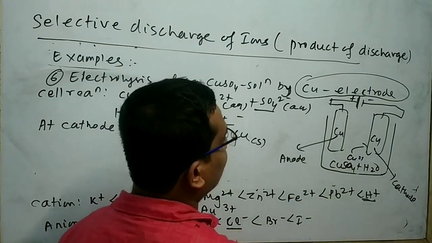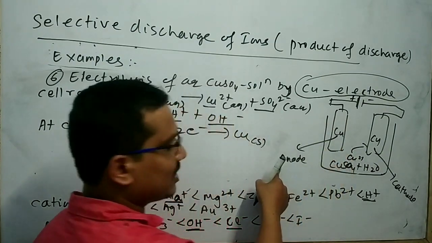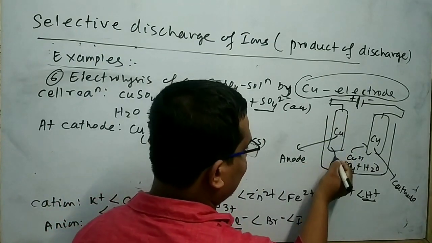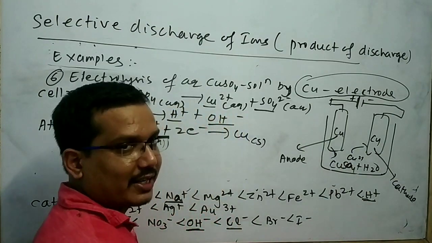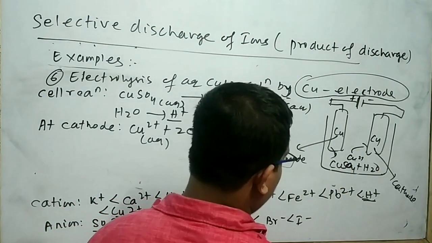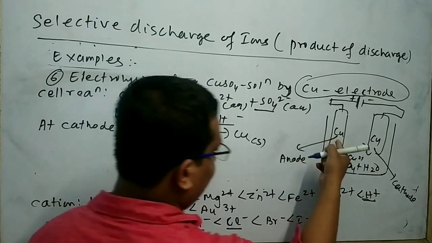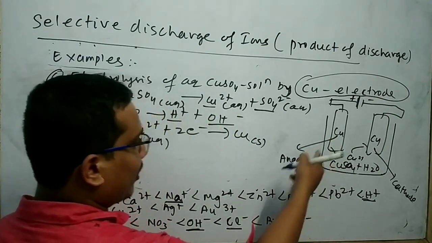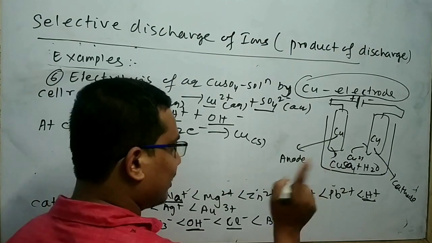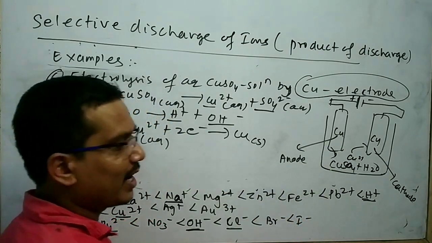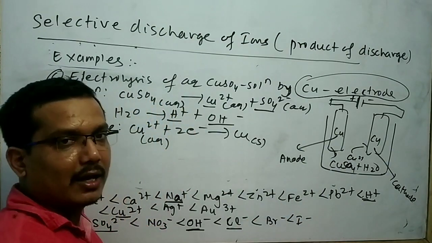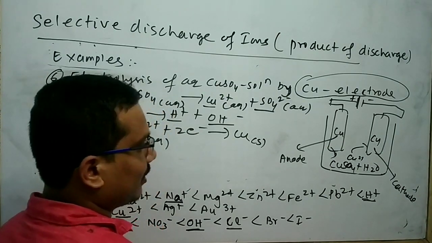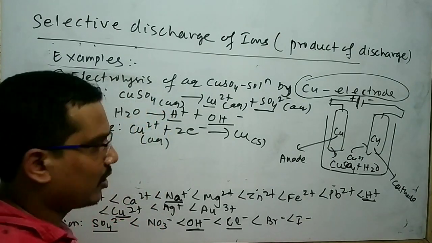As a result, the copper electrode which is taken as an anode reacts with the more concentrated SO4 2 minus ion. Here the copper electrode affects the electrolytic solution. The copper electrode reacts itself with the SO4 2 minus ion to maintain neutrality in the electrolytic solution.